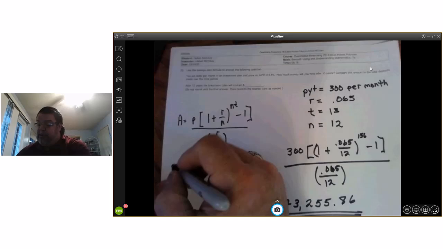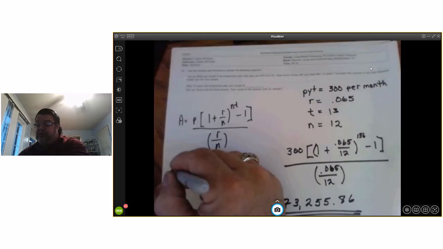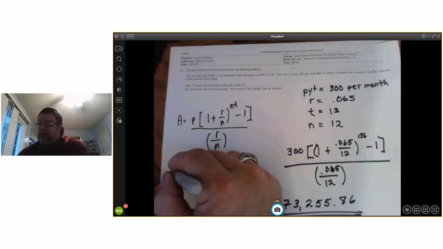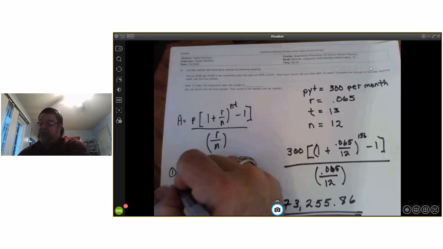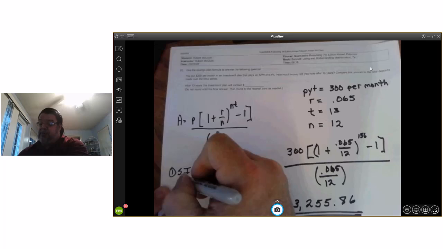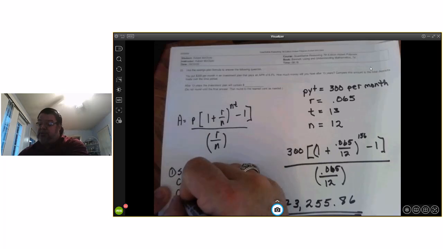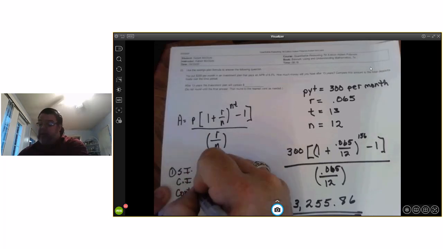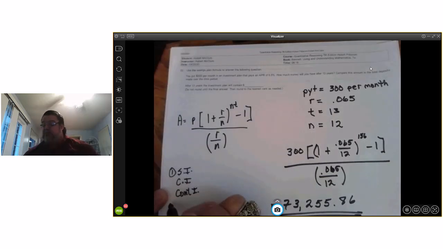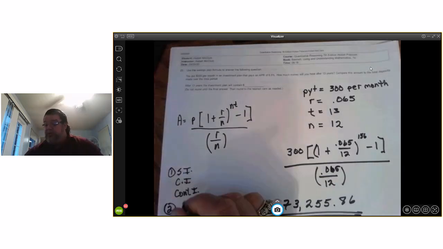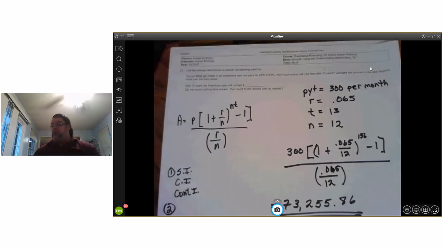Also, remember, on your test for this unit, you're going to get simple interest. You're going to get compound interest. You're going to get continuous interest. And on this one, this is your second section, you're going to get this type question, and you're going to get the next type question, which we're going to go over.